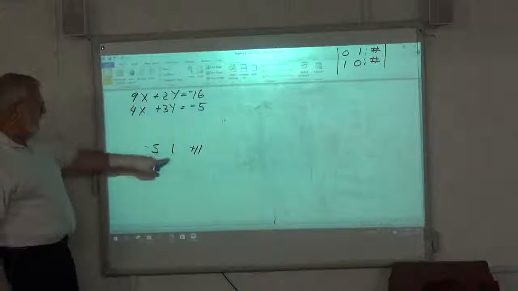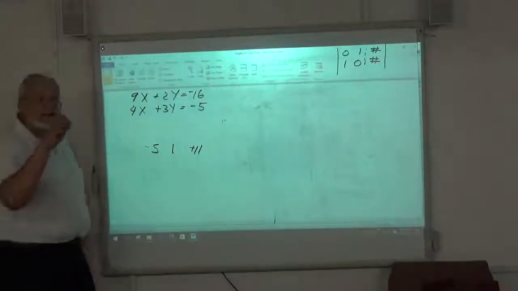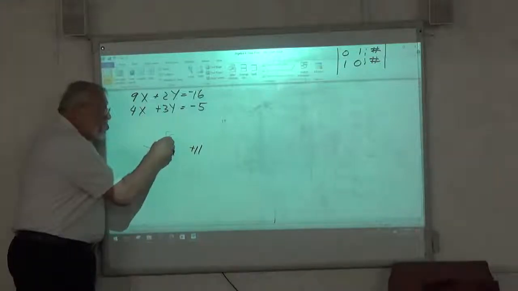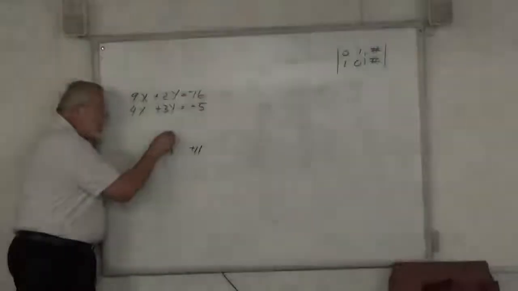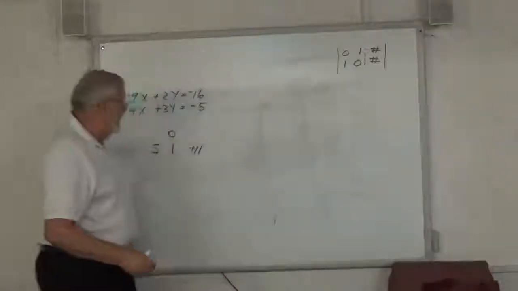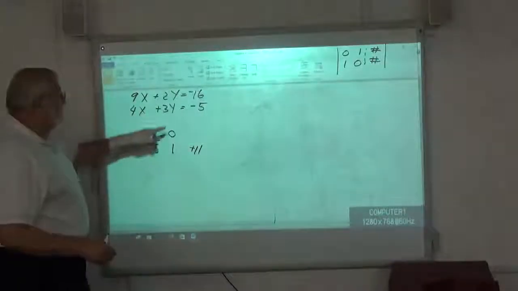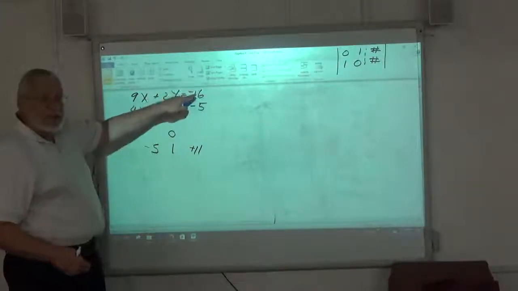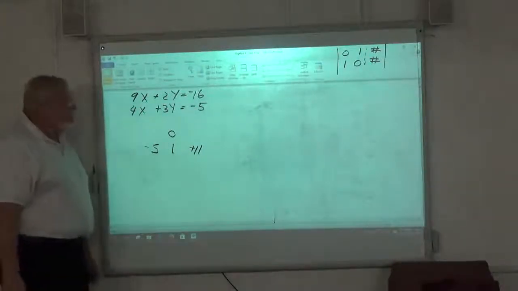Now I have this. What's the second step? The second step is I have to get a 0 in the same column. It's -5 minus -16.